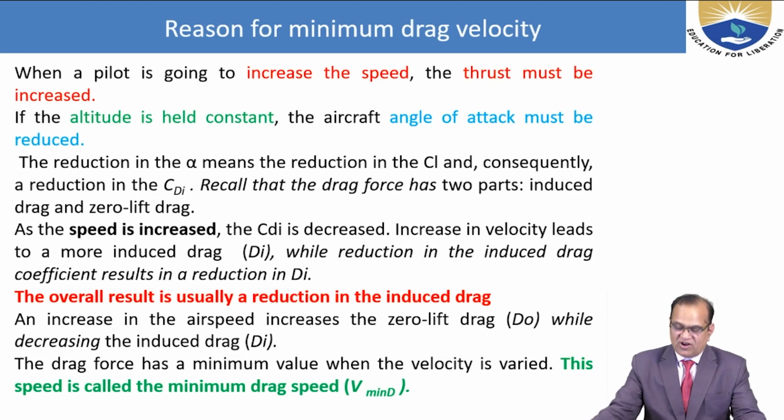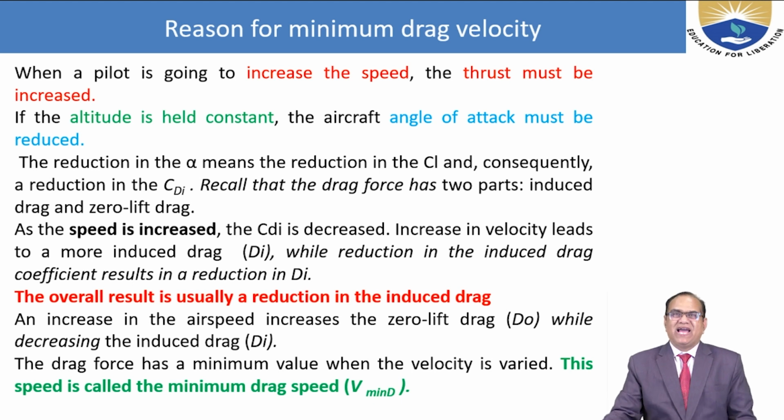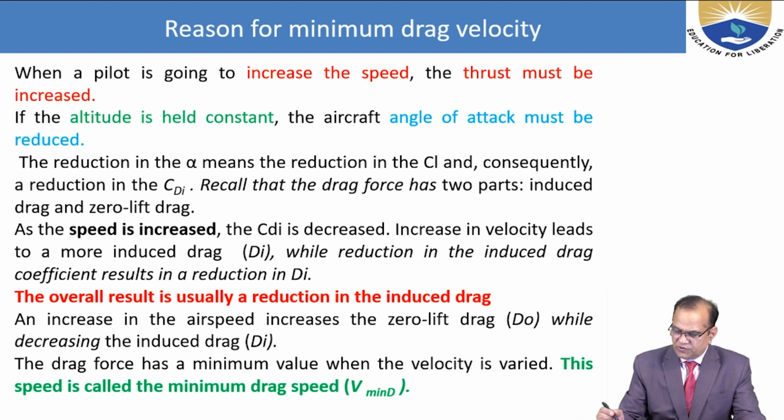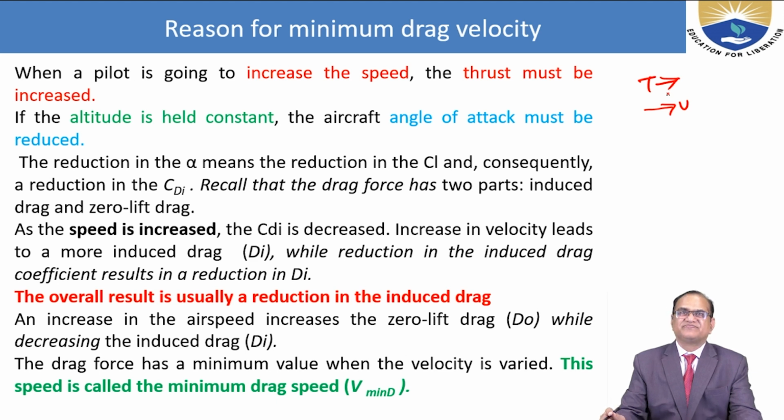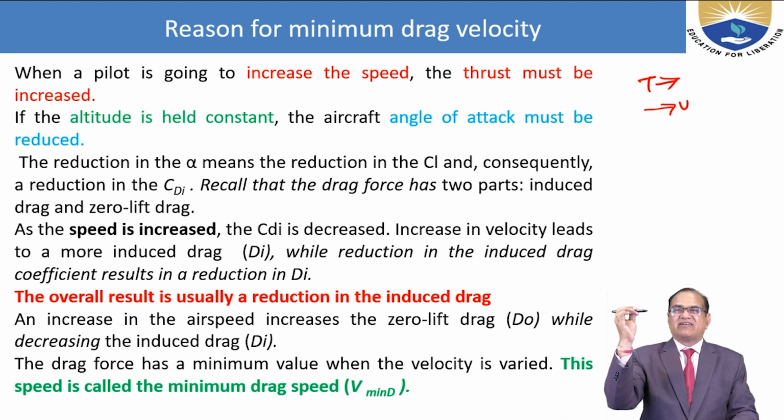Reasons for minimum drag velocity, we will see here. When a pilot is going to increase the speed, the thrust must be increased. So if you want to increase the speed V, T should also be increased. If the altitude is held constant, if your aircraft is flying at the same altitude, the angle of attack must be reduced.